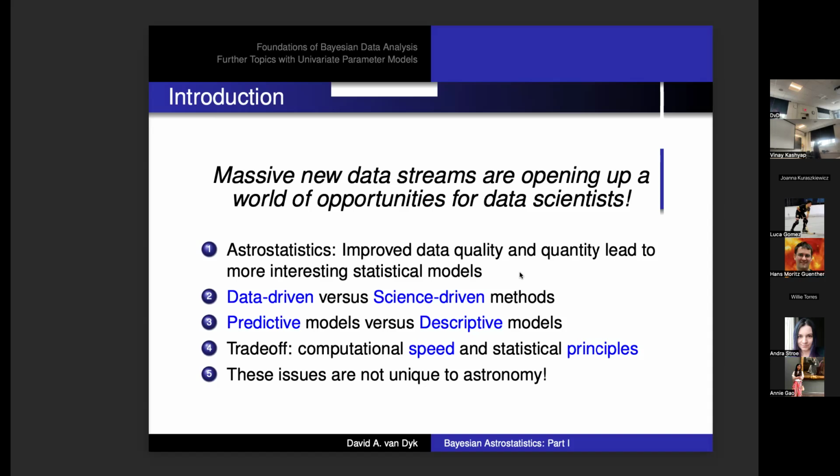So you have a machine, a black box that you put data into, and out comes science. That's a bit of a caricature, in some ways quite silly, but you could actually do that in some cases nowadays. At the other extreme are science-driven models where everything is built upon the particular science question that you're trying to ask. You build the machinery around the scientific question.